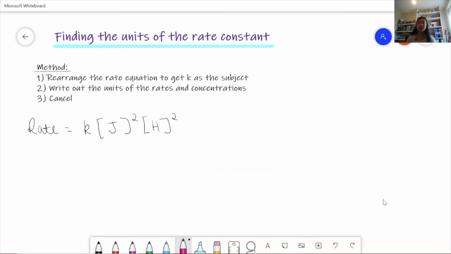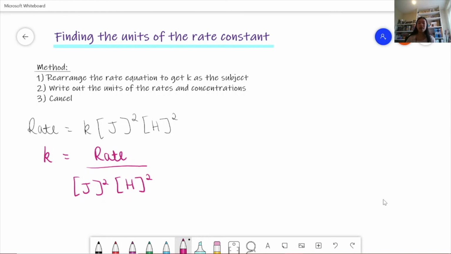we would rearrange to get K as a subject. So we would have K equals rate over the concentration of J squared multiplied by the concentration of H squared, and then write out the units. So rate is concentration per unit time.